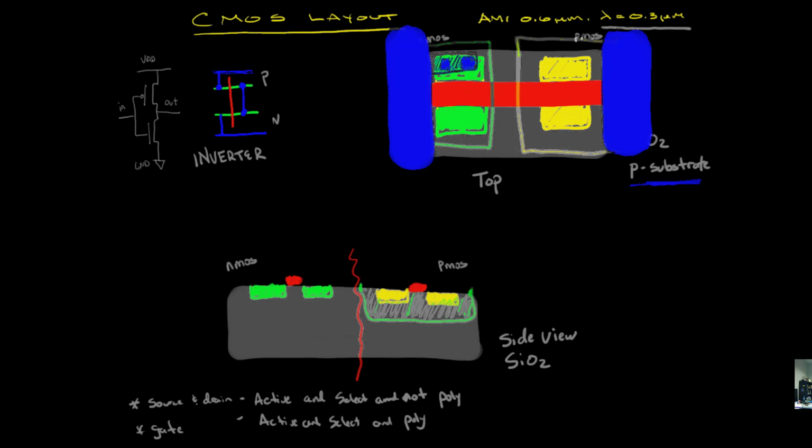And so on a side view, essentially what we're saying is we have metal up here, and what I eventually want to be able to do is have a via that goes from there and there and connects to that metal, and from there and there to connect to that metal.